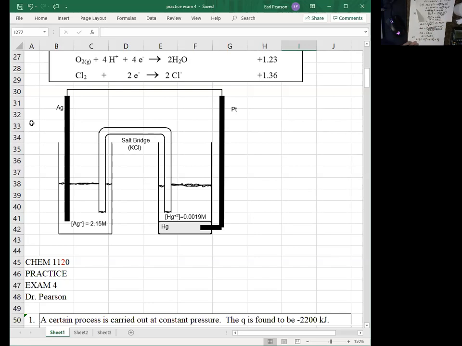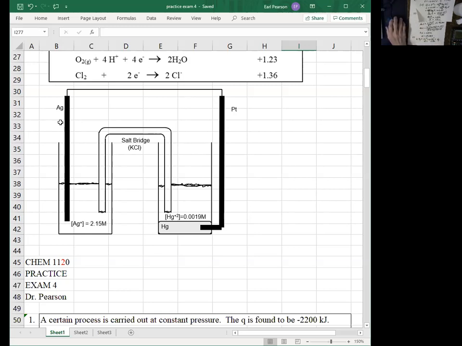But when we put in the concentrations that were on this cell, I guess I should go on and write them in. This was at 2.15 molar, and the mercury concentration was 0.0019.